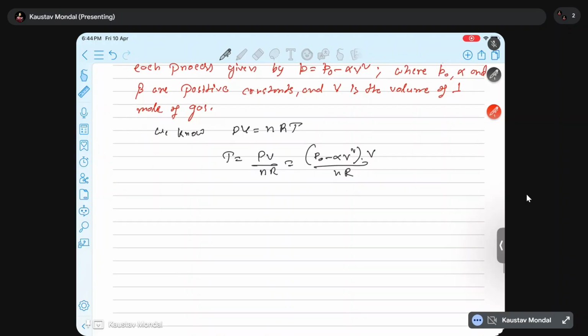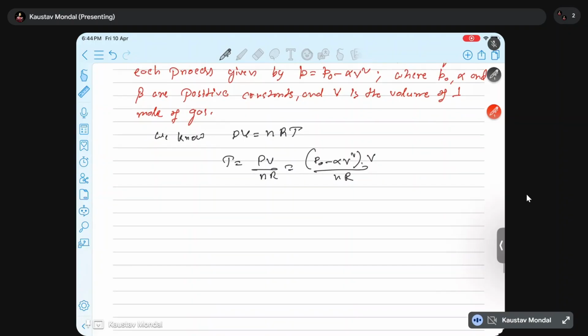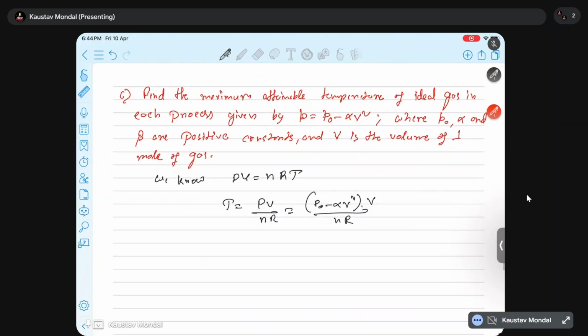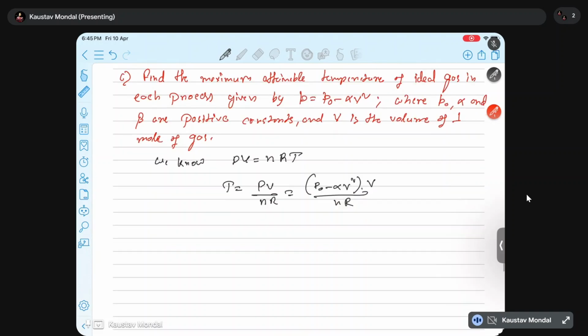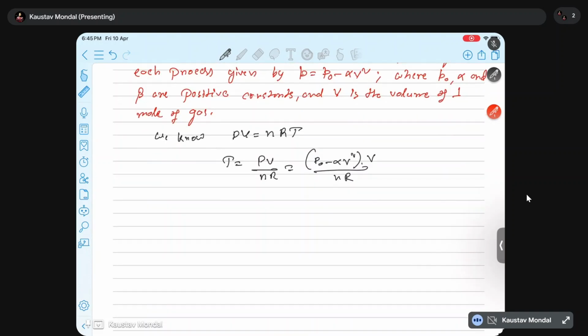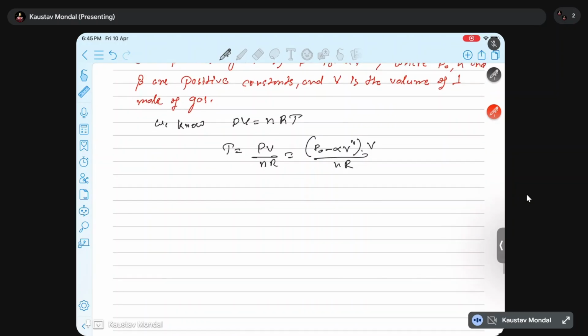Now I have to find for which value of V is the extremum temperature.